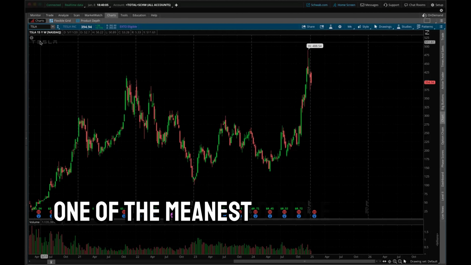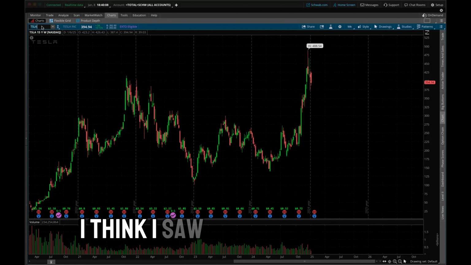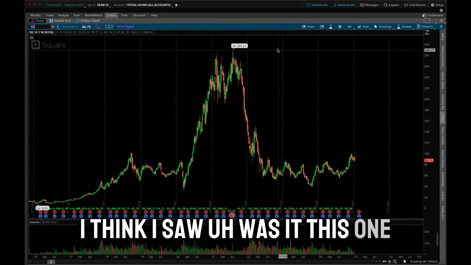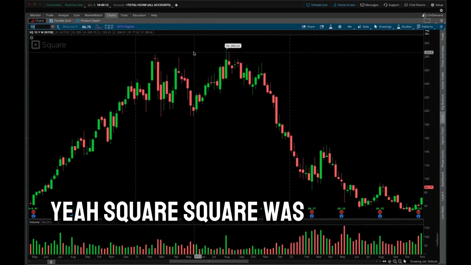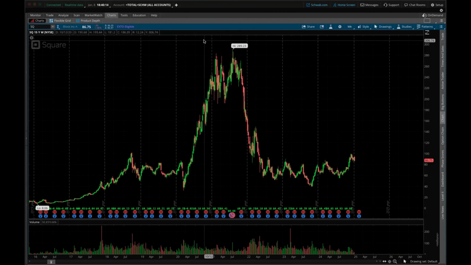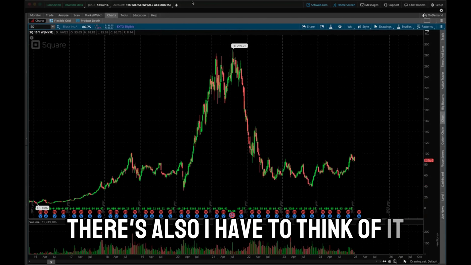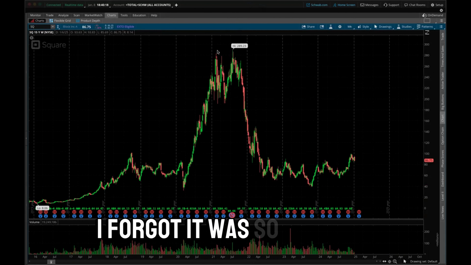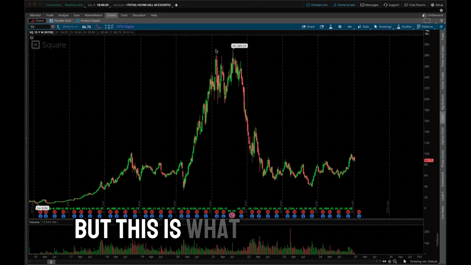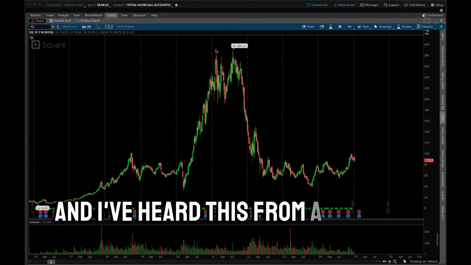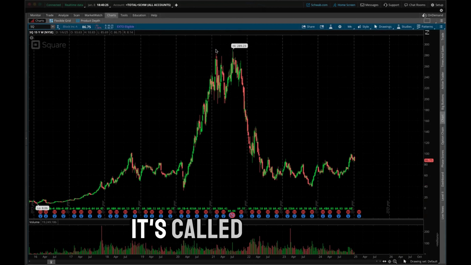One of the meanest double tops of all time, I think I saw. Was it this one? Yeah, Square. Square was one of the most insane ones ever. There's also one, I'll show you guys once I think of it. I forgot, it was so long ago. But this is what we would call, and I've heard this from a trader I used to work with, a Batman.